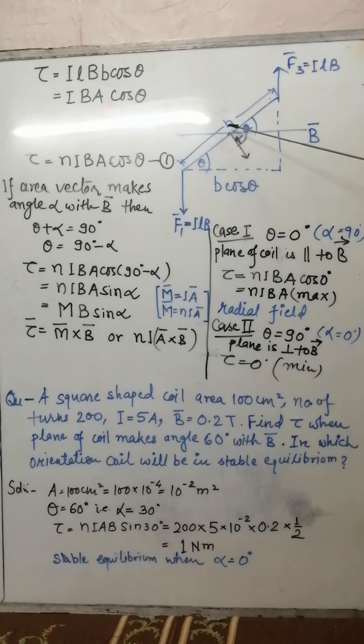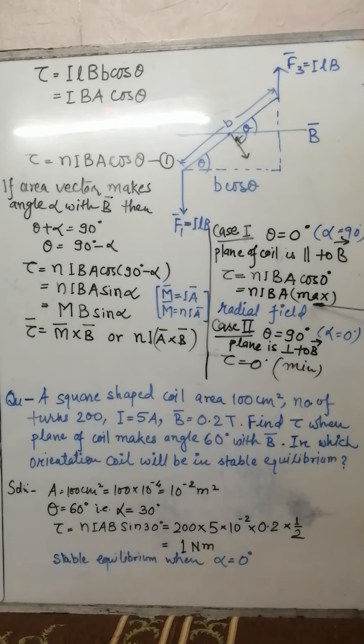Perpendicular to that plane will be 90 degree at that time. So if theta is equal to 0, then tau is equal to NIBA cos 0, means NIBA, that is maximum.